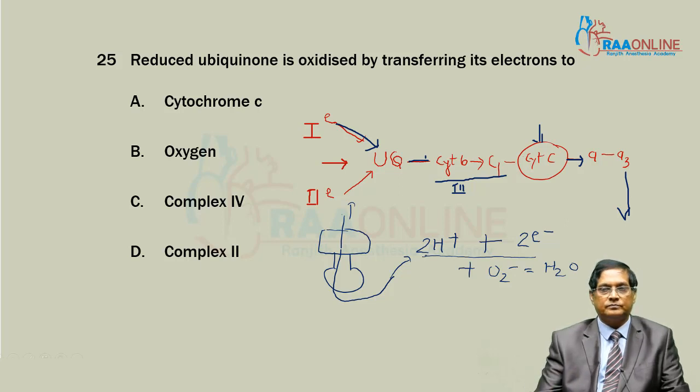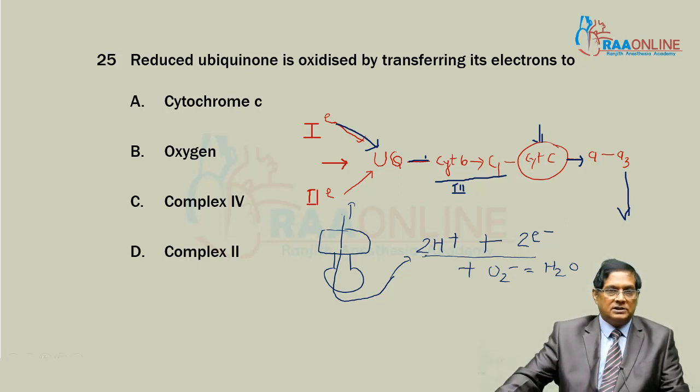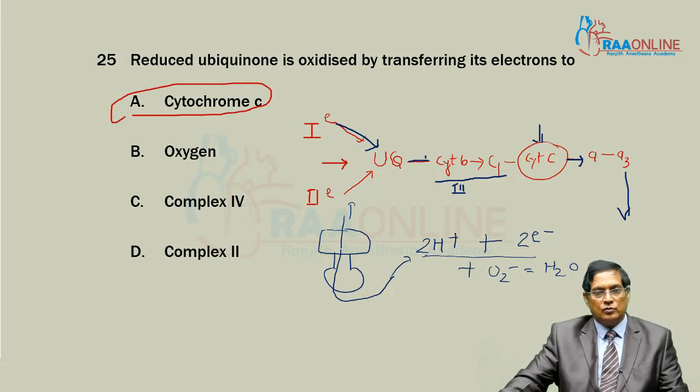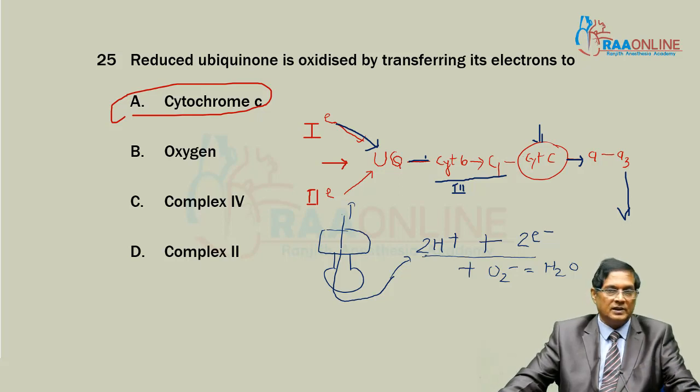So as far as this question, if reduced coenzyme UQ has electron, then definitely it passes to cytochrome C. First B1, then C, but cytochrome complex number 3 is not mentioned here. So we can skip that step and directly go to cytochrome C, and cytochrome C transfers them to complex number 4. This is the answer of this particular question.